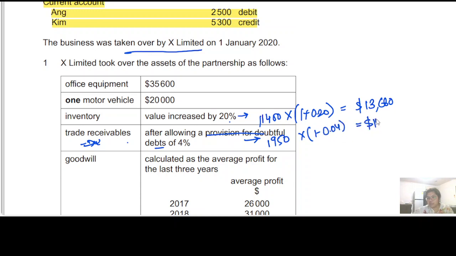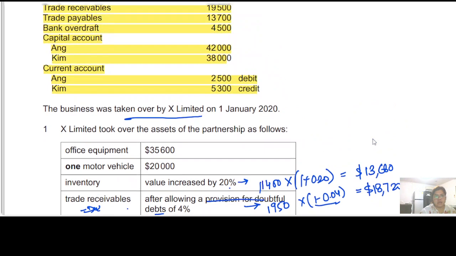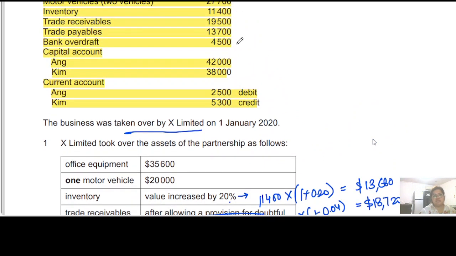It is up to you whether to use this method, or just calculate 4% on 19,500 and then deduct that value. In this question, just recheck the values: trade receivable is 19,500 and inventory is 11,400.